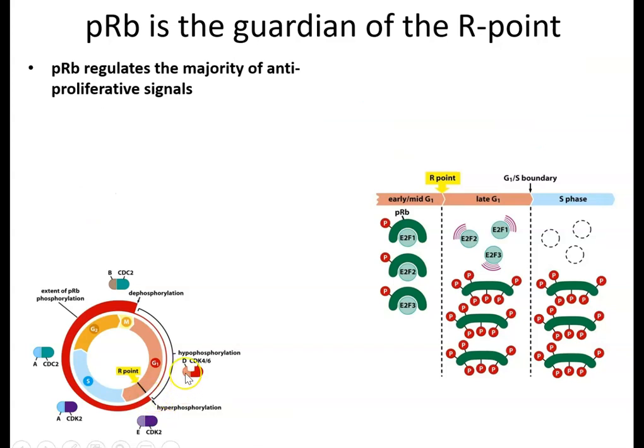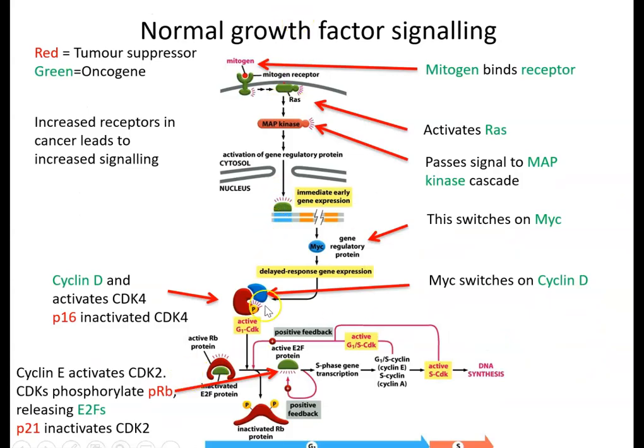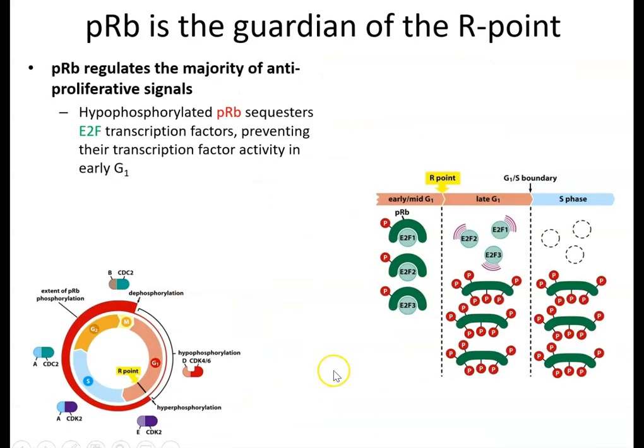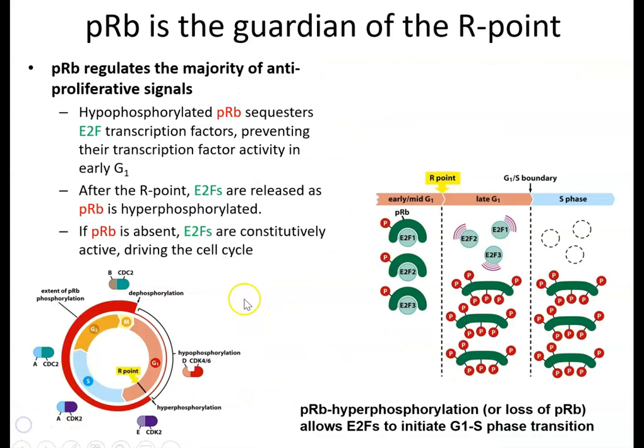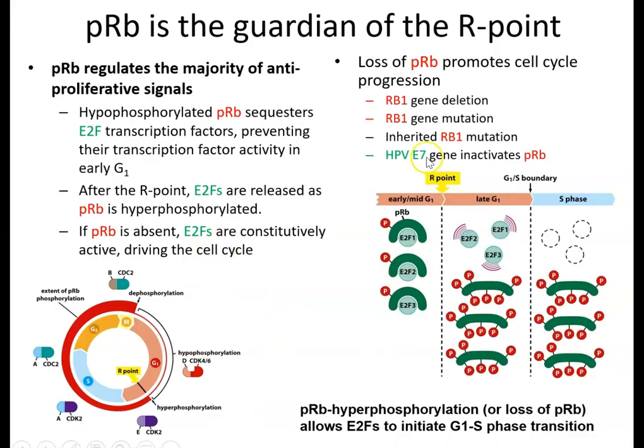And we can see this on this pathway here. The key point is we are getting activation of S phase, the activation of cyclin E and its CDK. The G1/S cyclin here is cyclin E. This part here shows what is happening.